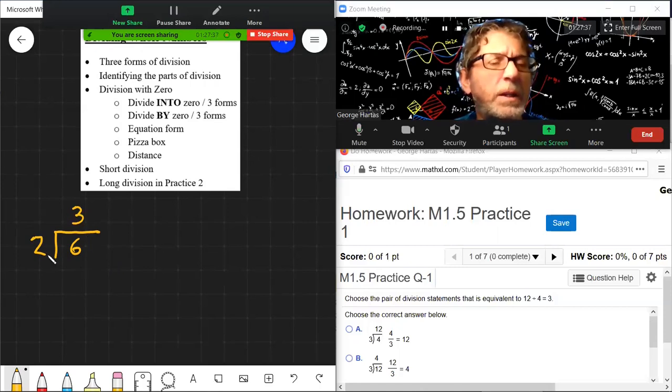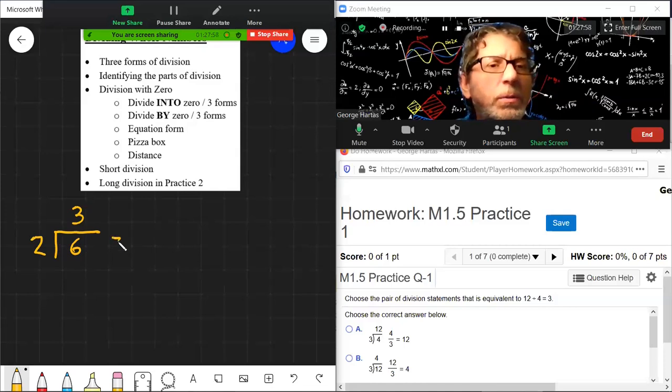So there are 3 groups of 2 that can fit into 6. These are the 3 groups of 2 that can divide evenly into 6. So this is one way to represent it.